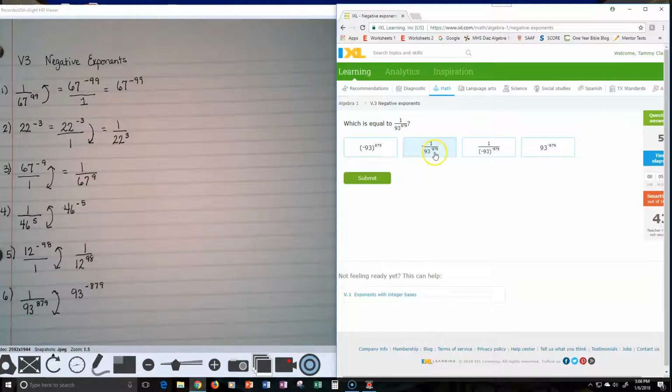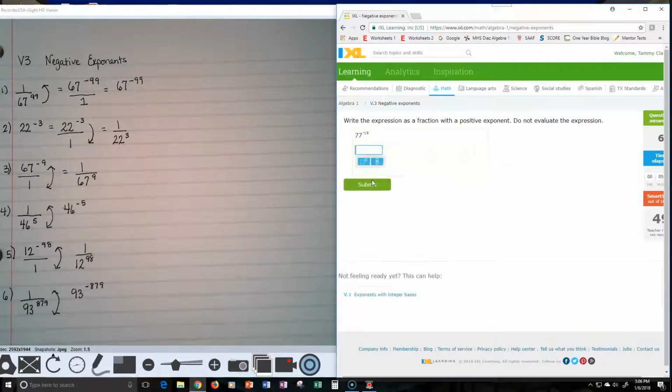Here is not the correct answer because they made the exponent negative but left it in the same position. This one is not correct because they made the base and the exponent negative. That doesn't work. So our correct answer would be 93 raised to the negative 879th power.